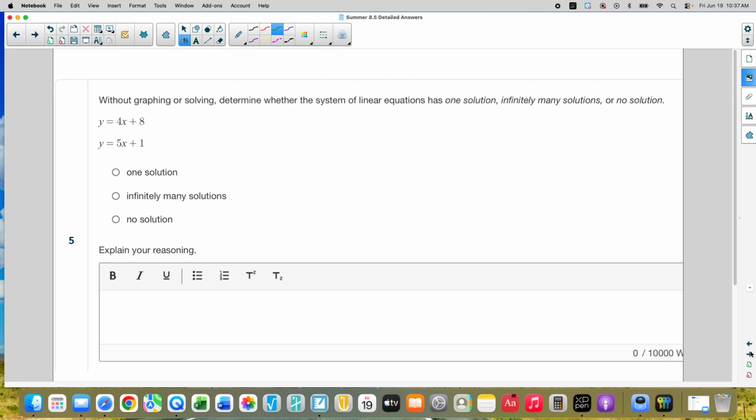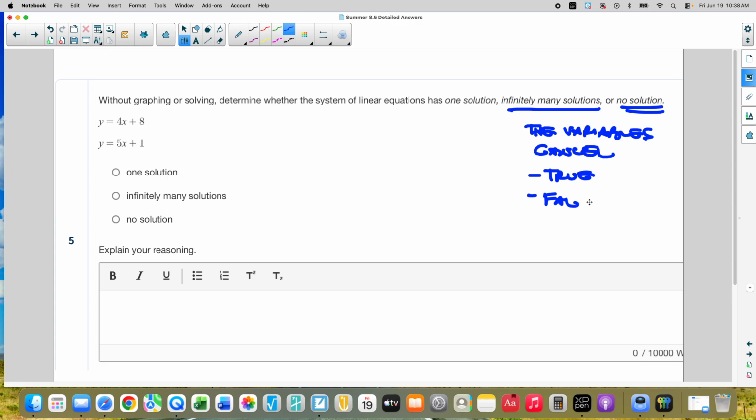Without graphing or solving, determine whether the system of linear equations has one solution, infinitely many solutions, or no solution. So what we need to understand is when we get infinitely many or no solution, the variables cancel, and you're left with either a true number statement or a false number statement.